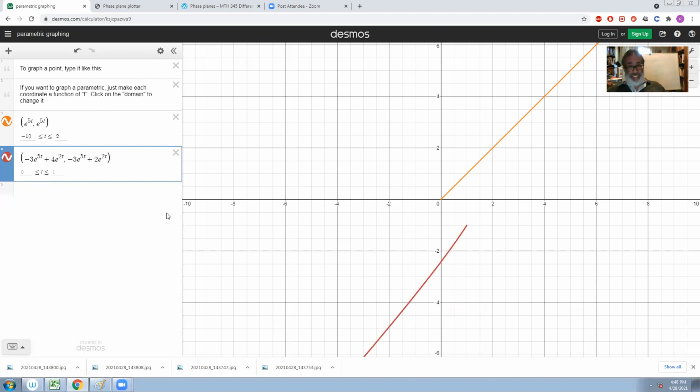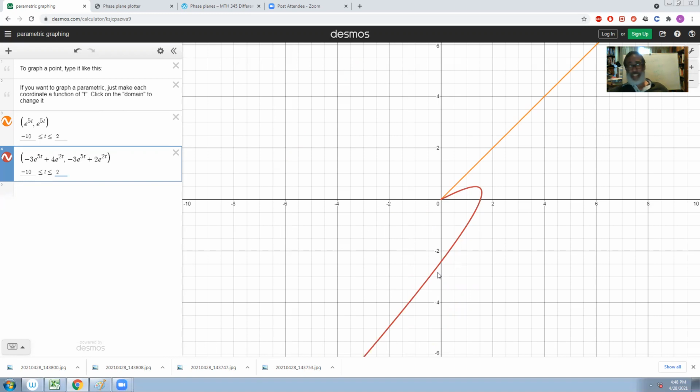Now, this thing here, this is 0, 0, where t equals 0. If we let this go, say, from minus 10 to maybe 2, look at that. The characteristic here is that it sort of flares up like this and moves around like that.